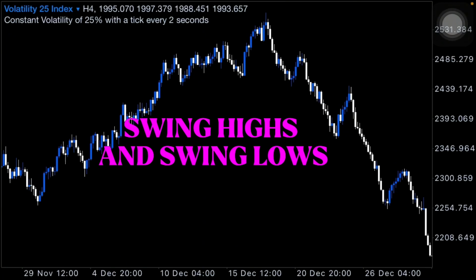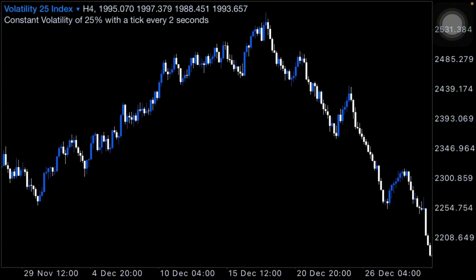Basically, swing highs are the highest points at which the market tends to form, at which the market transforms its movement to a bearish or a downtrend, and vice versa.